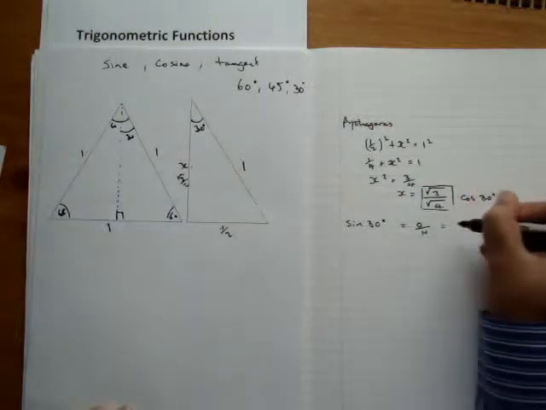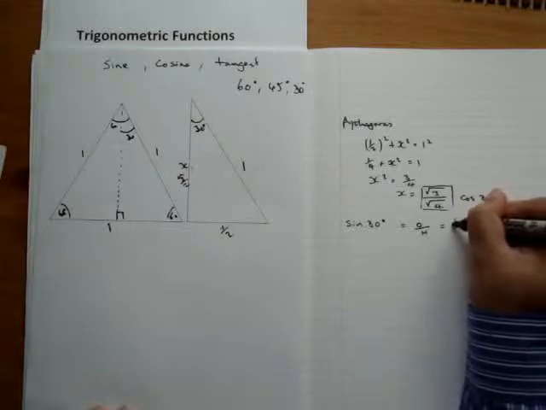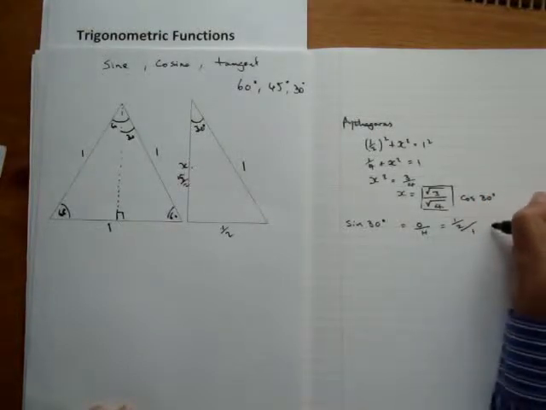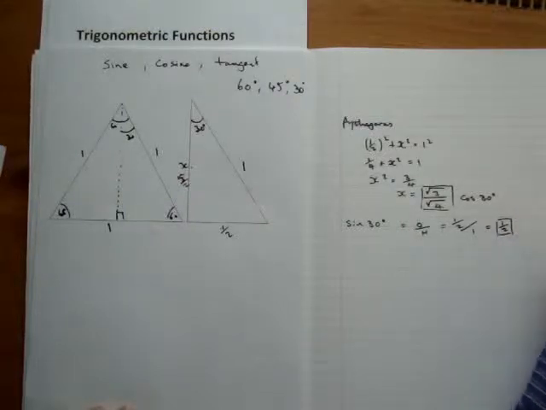So the sine would be the opposite, which is half, divided by the hypotenuse, which is 1, which would leave us with a half. So that's the sine of 30 degrees.